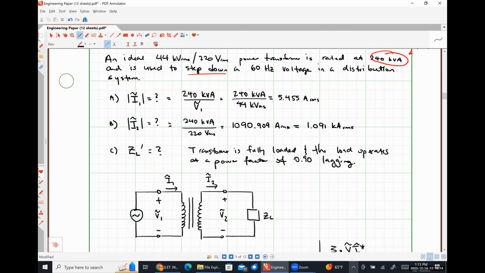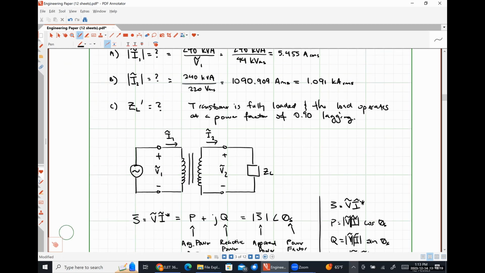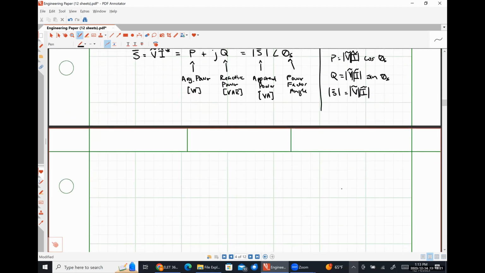Okay. So we scroll down here. The phase angle theta S is by definition the difference between the phase angle of the voltage and the phase angle of the current, which is literally the same thing as the phase angle of the impedance.